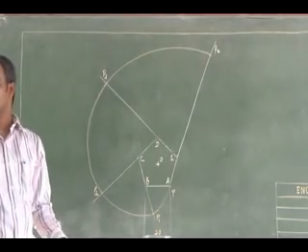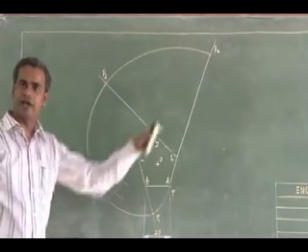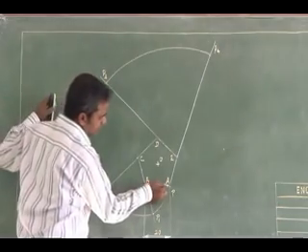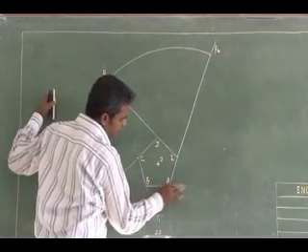Which one I have to extend? The remaining last edge BA in a negative direction. I can extend BA so that I can get it as a horizontal one.